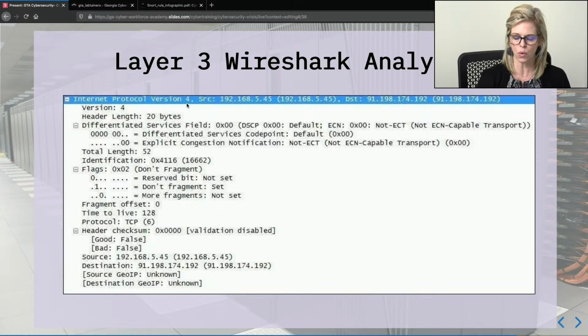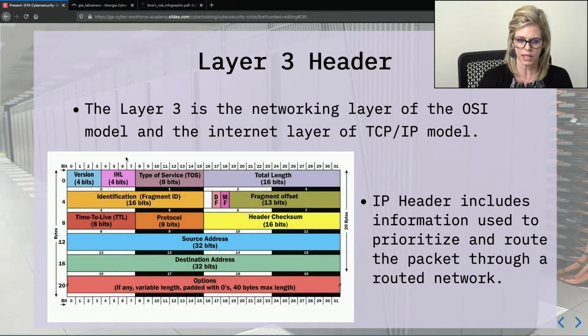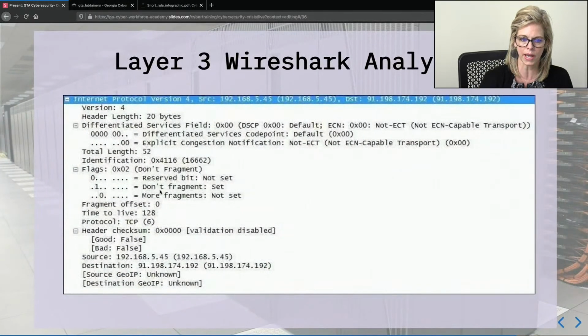We see that in our Wireshark analysis, as well as the source IP address and the destination IP address. We see the header length is displayed as 20 bytes. So I'm going to flip back really quick. All of these, the internet header length, the version, the type of service, are now correlating to what we're seeing in our Wireshark view.